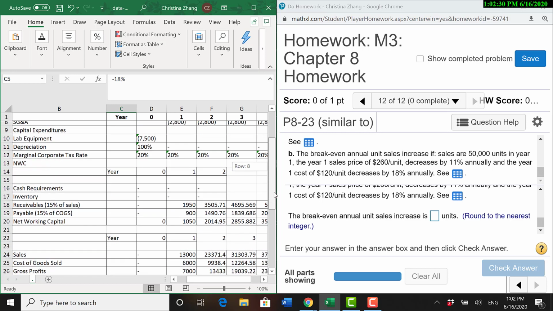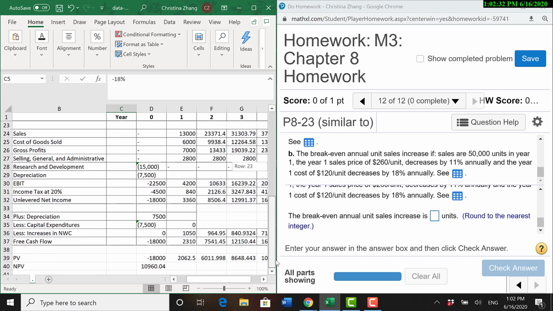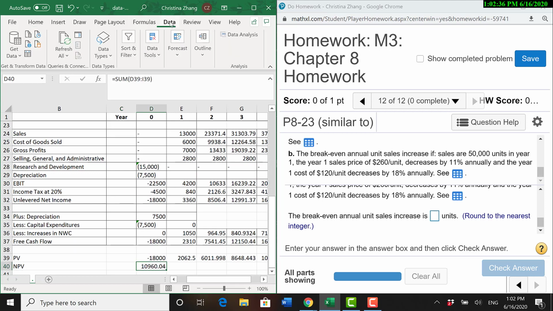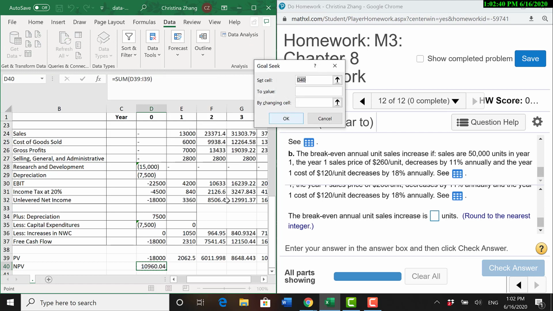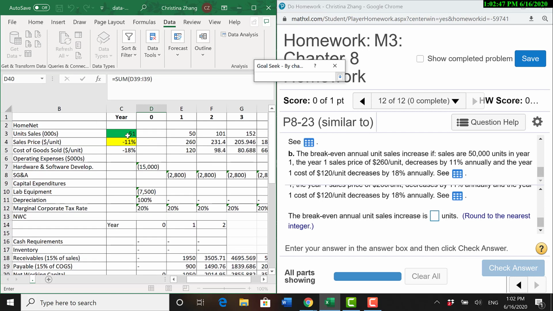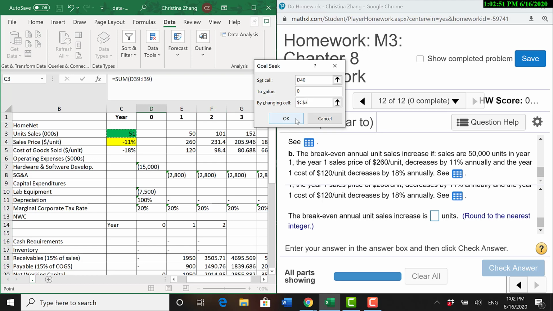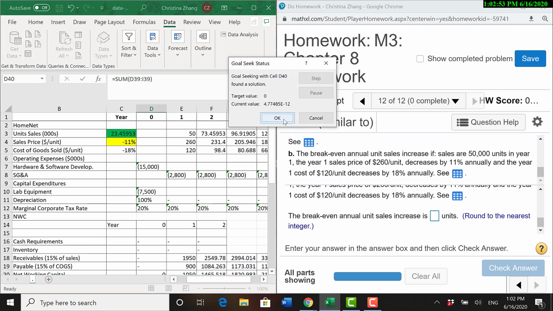So everything is the same. And all you need to do is just use the Goal Seek again. So What-If, Goal Seek, you want to set that to 0 by changing the cell, the number of units. Okay.